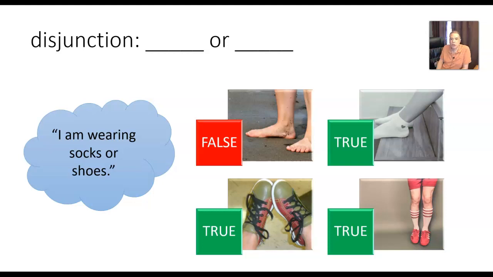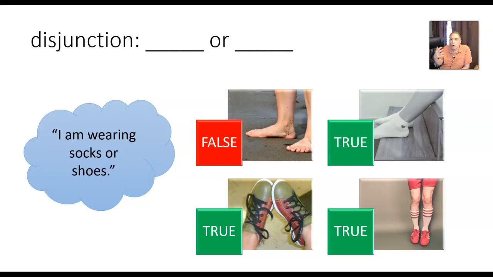Now, in ordinary language, when we use the word or, sometimes we mean one thing or the other thing or both, and other times we mean one thing or the other thing, but not both.